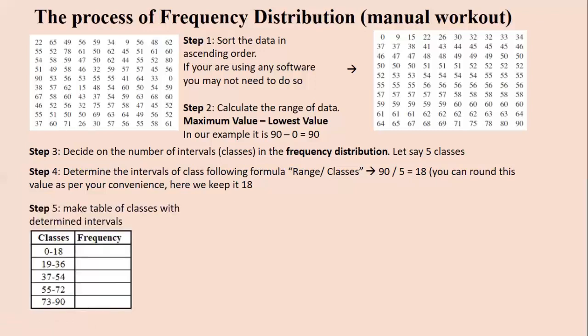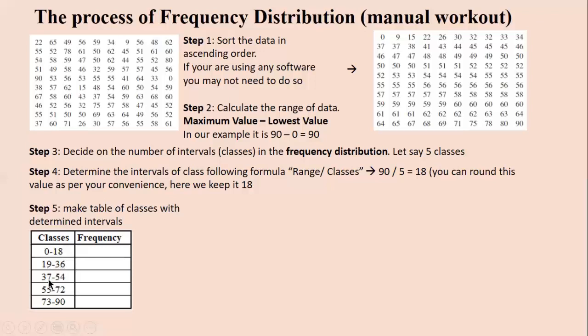Now the next step is to make a simple class table with the determined interval, because we have created an interval of 18. So you can see the first class starts from 0 to 18, and then the second class starts from 19 to 36. Obviously the difference is 18.